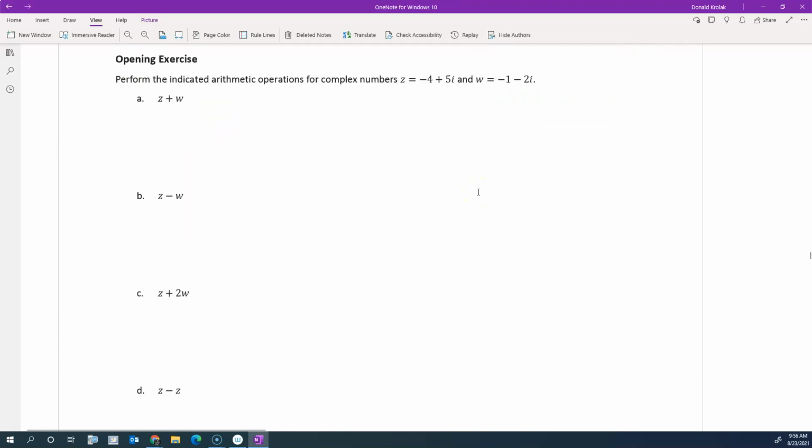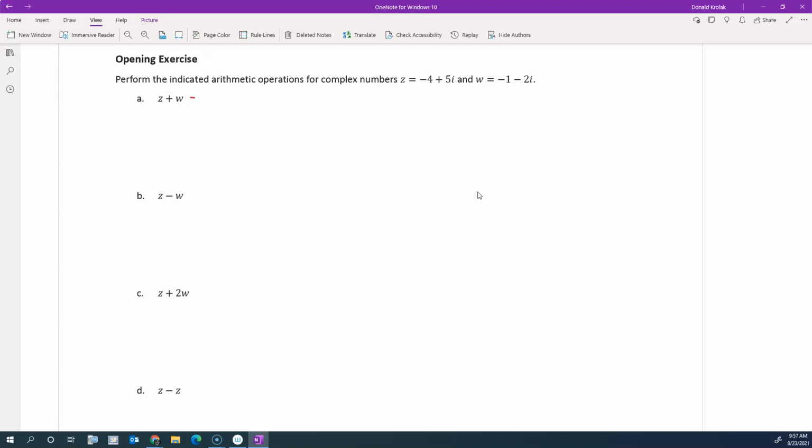Okay, so we're doing these just arithmetically. That's what we did yesterday or Friday. So if we're adding and subtracting, you're adding and subtracting the real number part and the imaginary part.